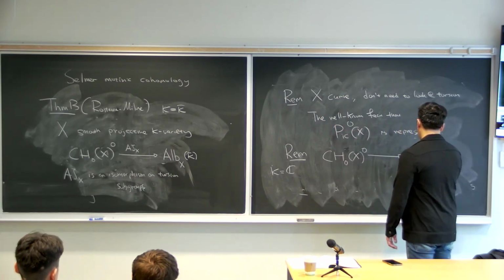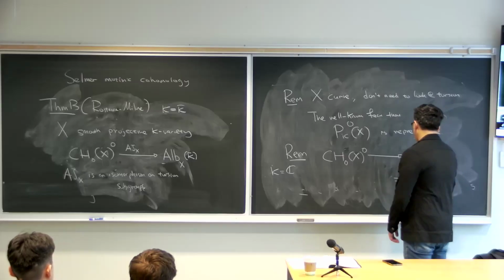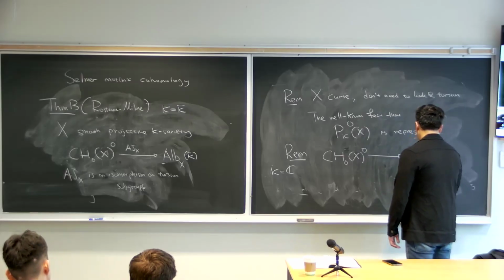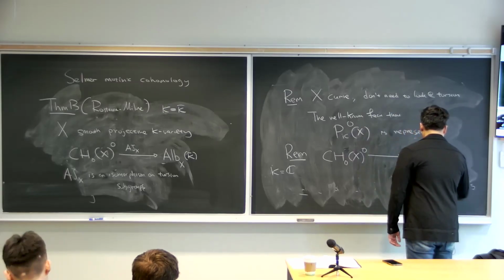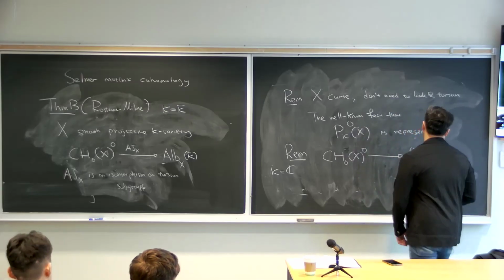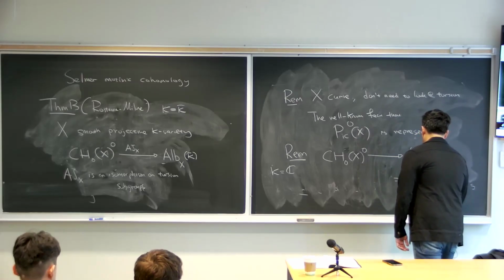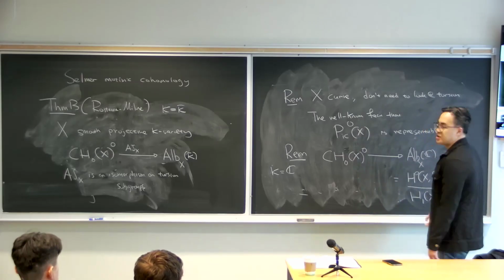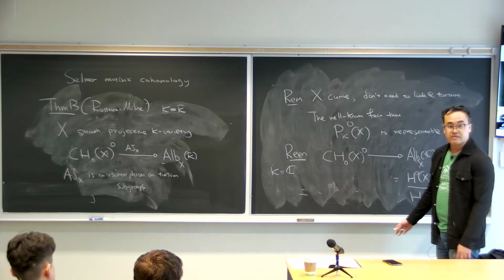It's the following: you take H^0(X, Omega^1) dual, modulo this lattice H_1(X, Z). So this is like some formula for intermediate Jacobians. This is just another expression for the Albanese of X.